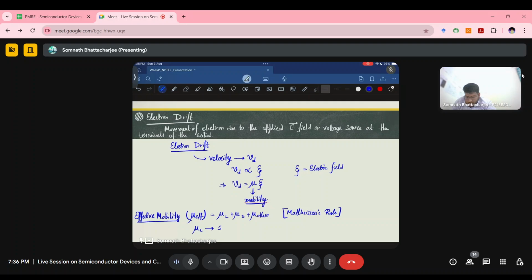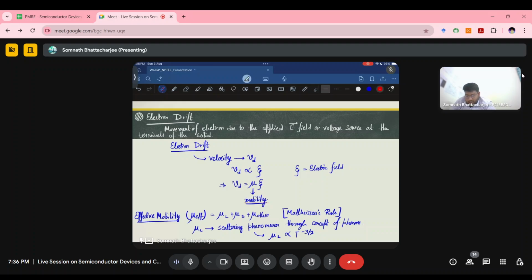Based on the scattering phenomena, and also through the concept of phonons, we get to know that mu L is proportional to T to the power minus 3 by 2.